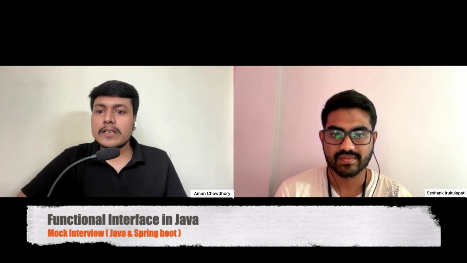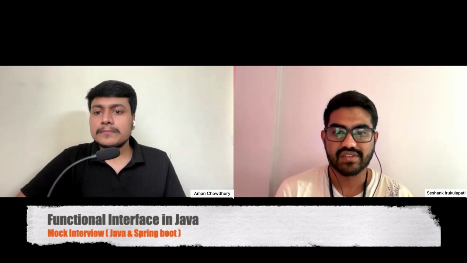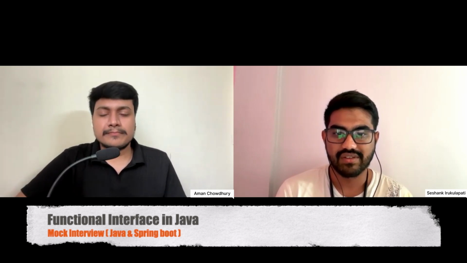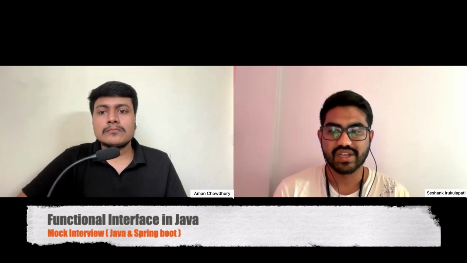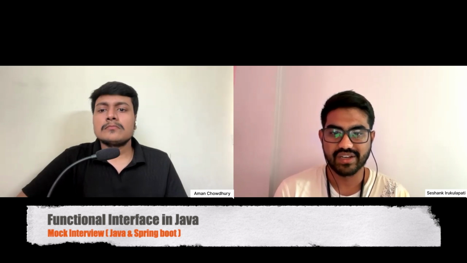Do you know what a functional interface in Java 8 is and why we need it? A functional interface is basically an interface with only one public abstract method. It can have other default methods and static methods, but there should be only one public abstract method. It is used along with lambda expressions to maintain clean code.